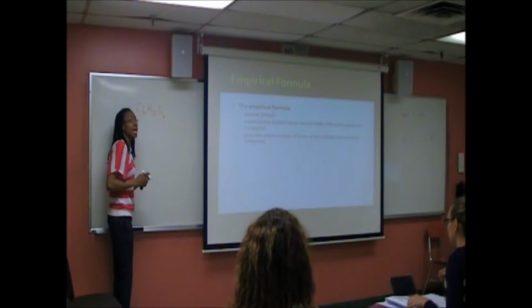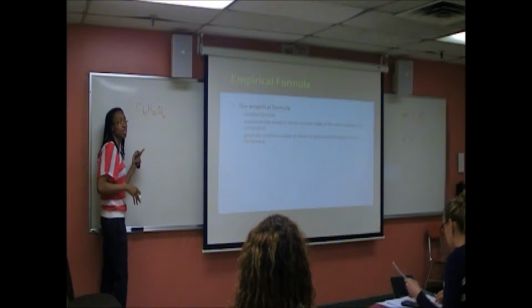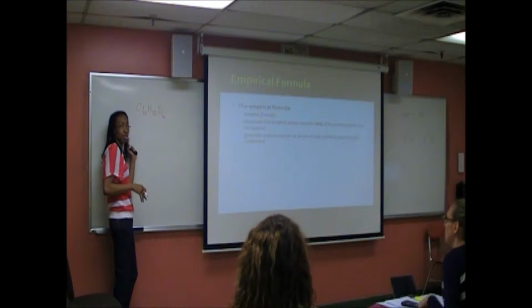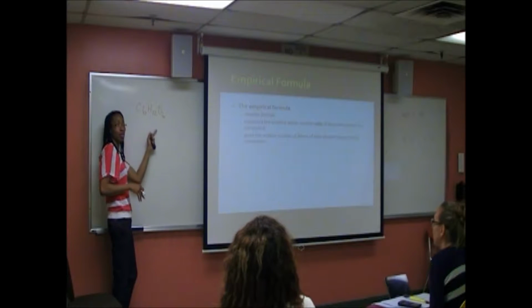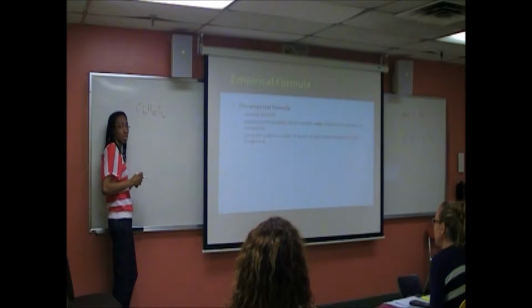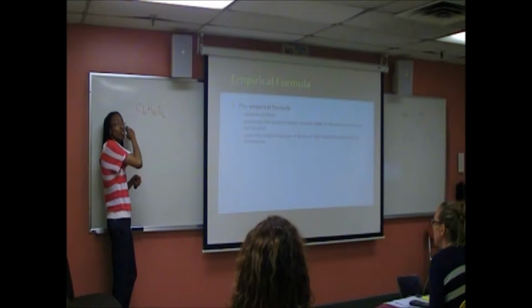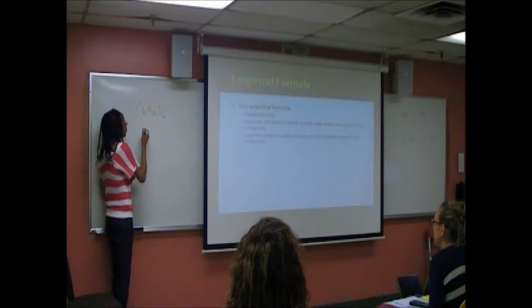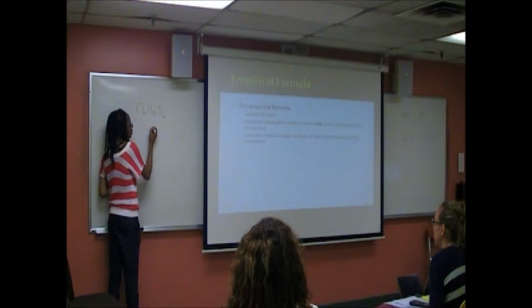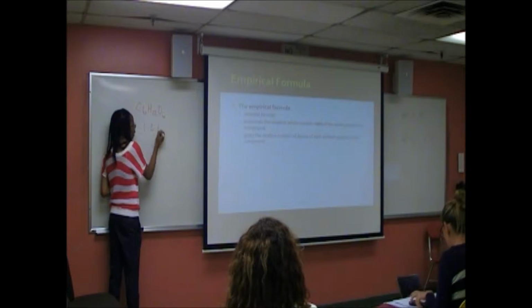C6H12O6. Now when we say that we want the simplest ratio of numbers, what would the common denominator be for the subscripts in glucose? 6. If we're looking for the simplest ratio of these, what would it be? 1:2, so 1, 2, 1.